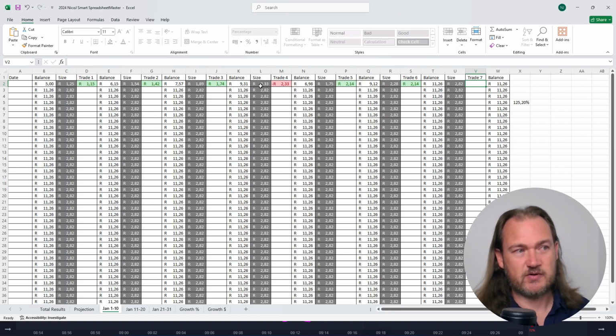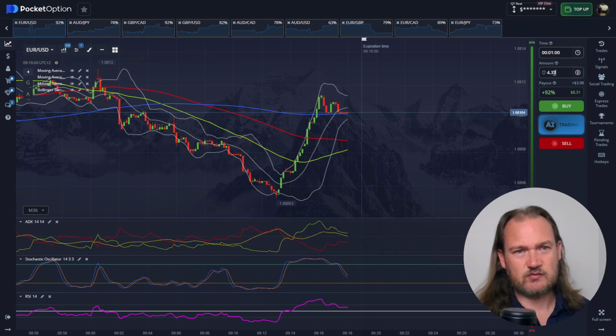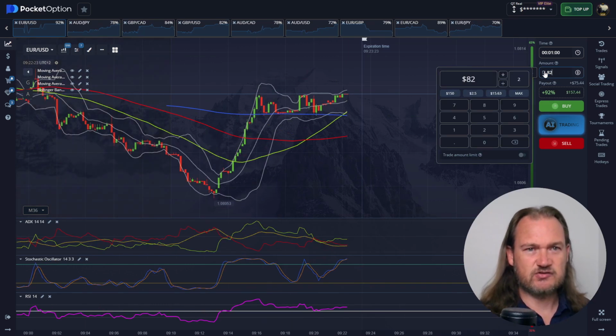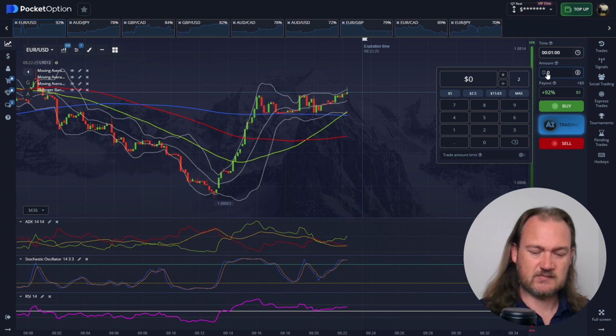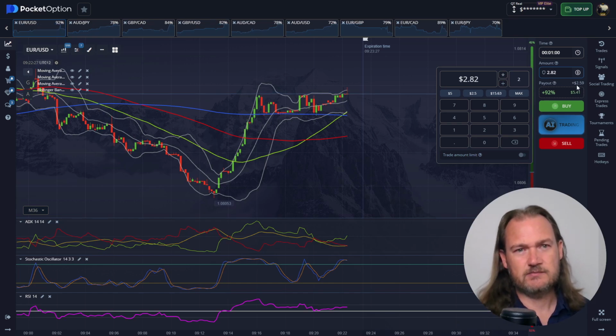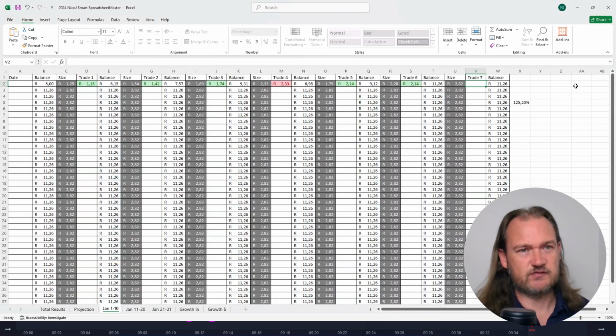It's higher than the previous trade that I had, so it's 2.82. And so this is the time when I change my trading size on the platform, and my next trade will then be for 2.82. So let me just skip to the platform. We said 2.82. So my next win will be for 2.59.